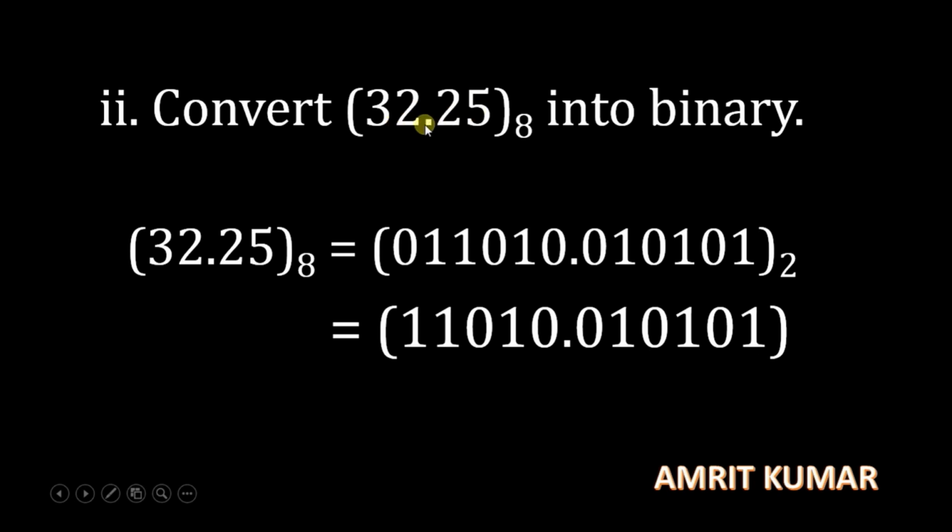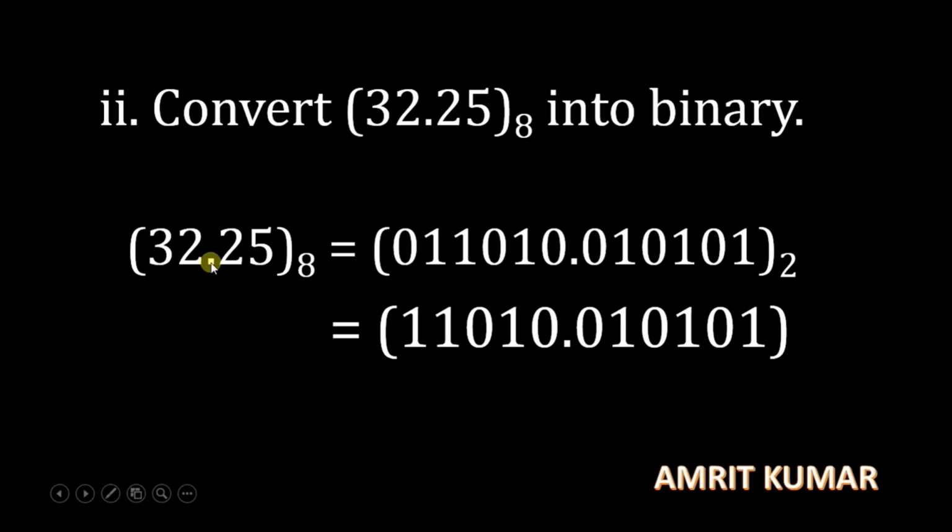You need to proceed in 2 ways. Here I am converting the right of the decimal point first, and after that we will convert the left of the decimal point.